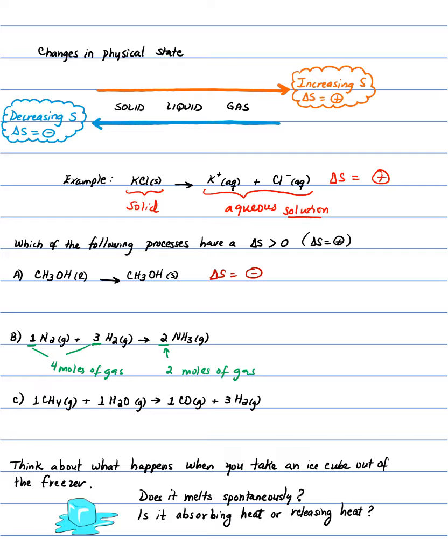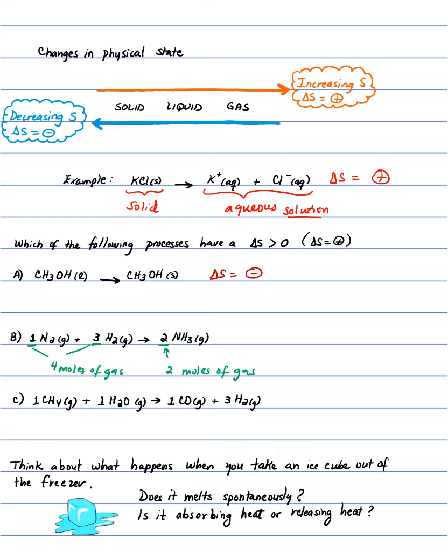So in which side do you think you're going to have more disorganization? Where you have a larger number of moles of gas, or where you have a smaller amount of gas? That's what we need to focus on to answer this question.